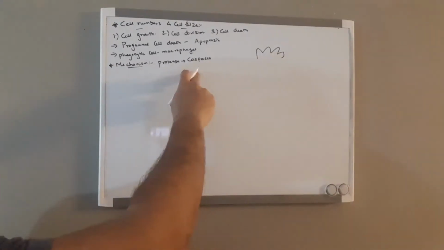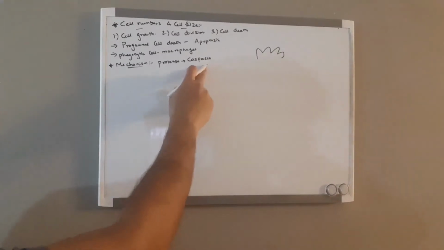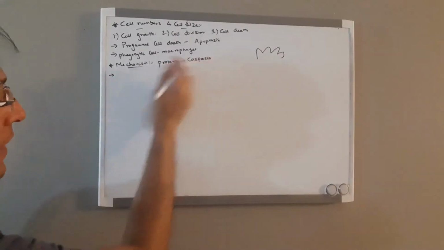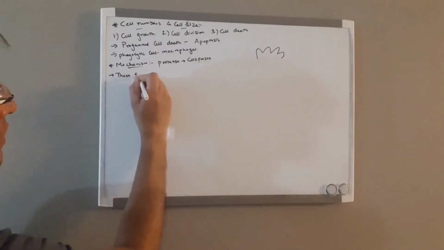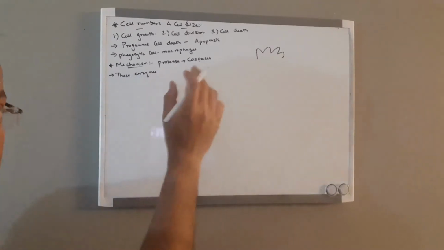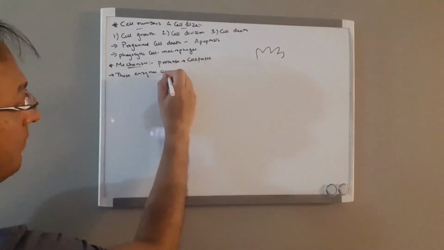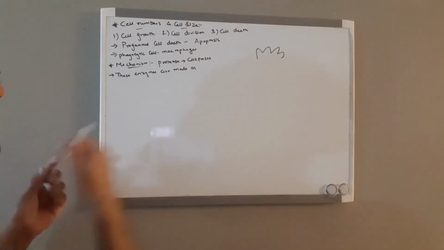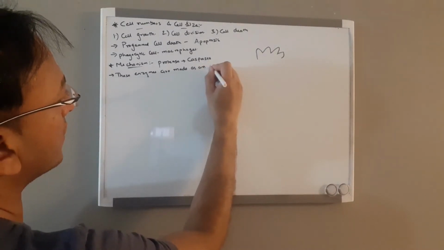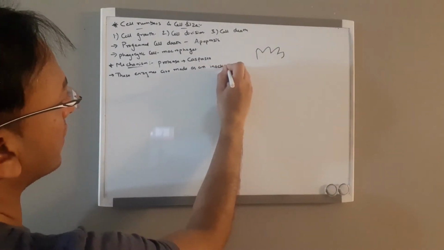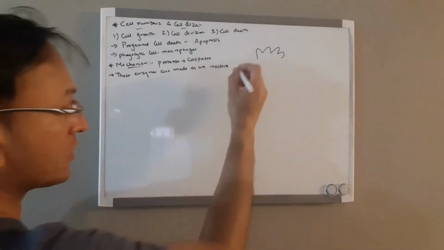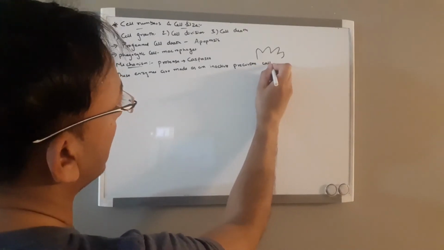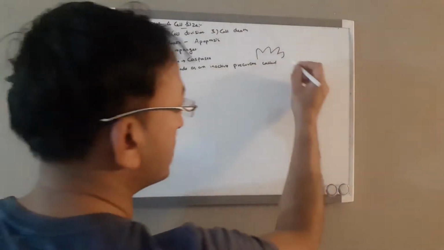But these enzymes are not made directly in active form. These enzymes are made as inactive precursors that are called procaspases.